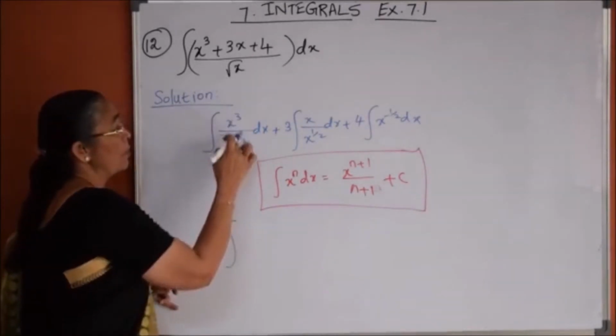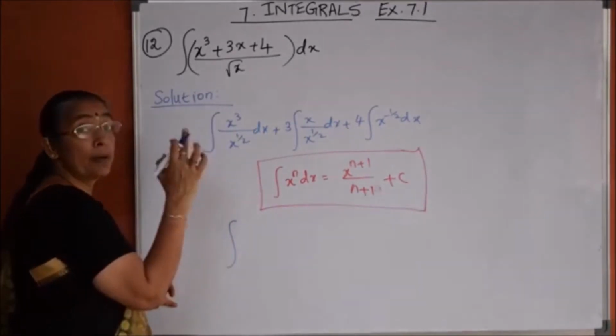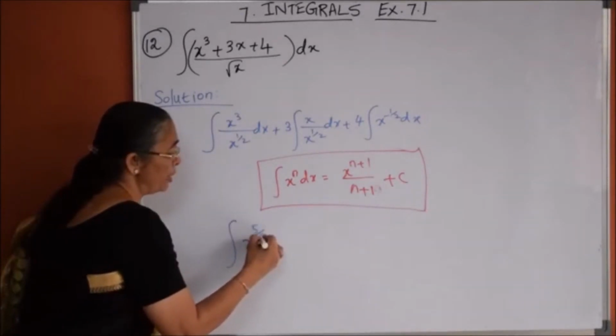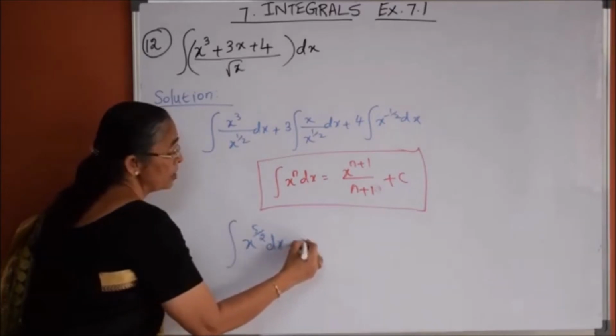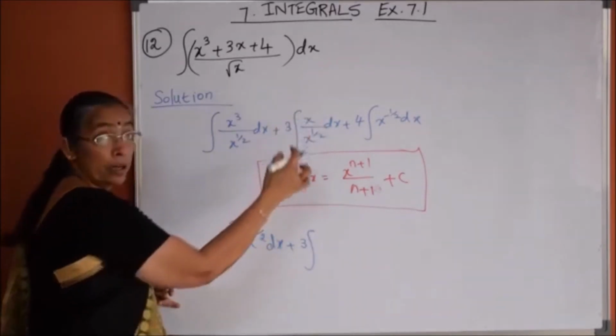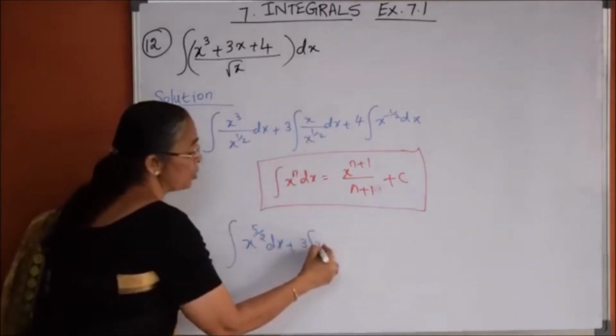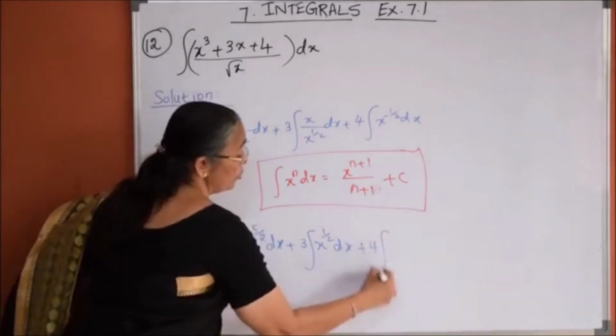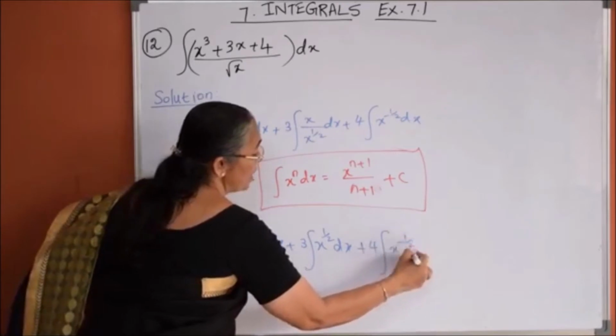Integration of x to the power of 3 by x to the power of half, x power 3 minus half, which is nothing but x to the power of 5 by 2 dx, plus 3 times of x power 1 by x power half, which is x to the power of half dx, plus 4 of x to the power of minus half dx.